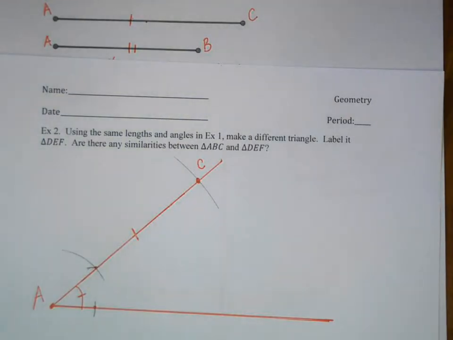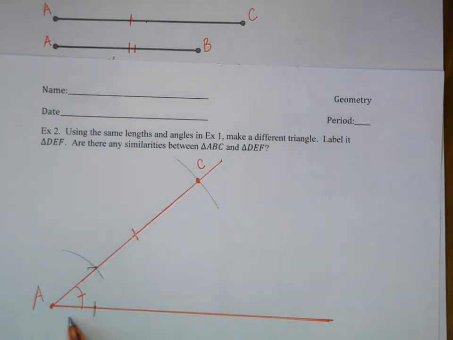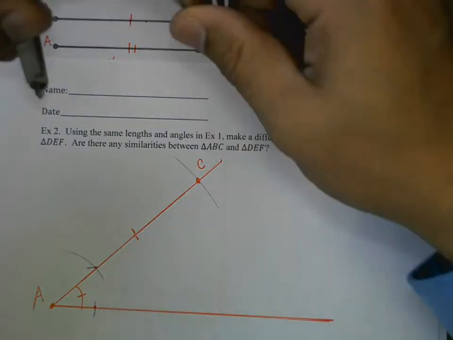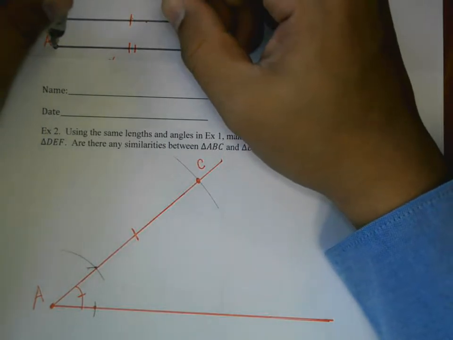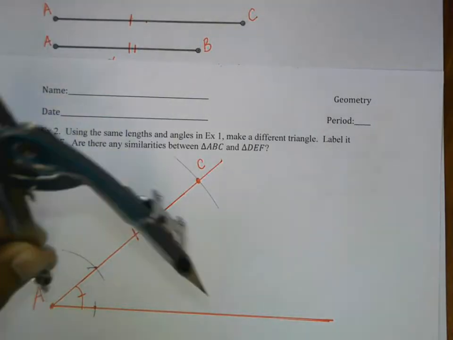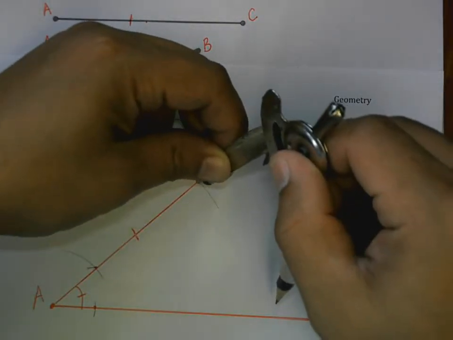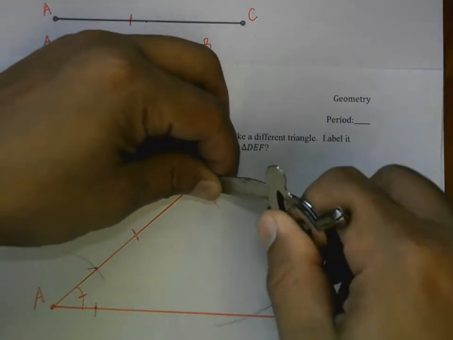Now finally, what I do not want to do is put AB along here. That would produce the same situation as what we had before. So what I'm going to do instead is measure this segment AB, but this time instead of placing the needle on A, I'm actually going to place the needle on C. And I'm going to draw this arc right here.